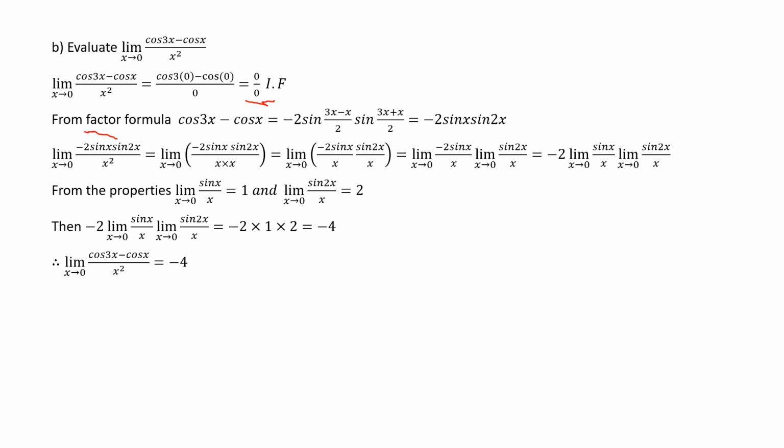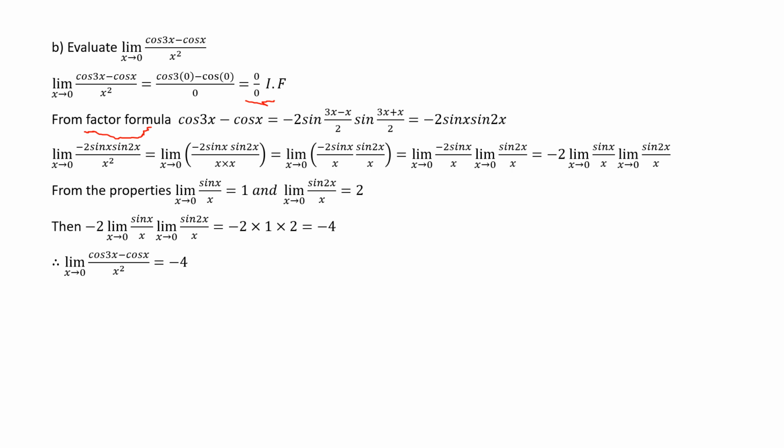the factor formula. Cos of 3x minus cos x is the same as negative 2 sine of (3x minus x) over 2 times sine of (3x plus x) over 2, which is equal to negative 2 sine x sine 2x. This factor formula is from cos p minus cos q.